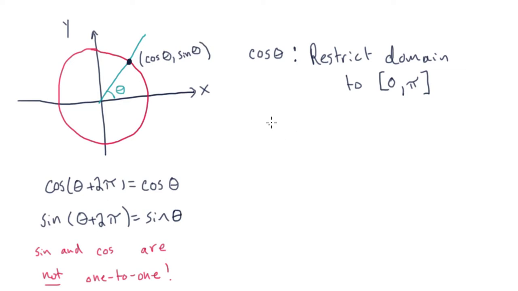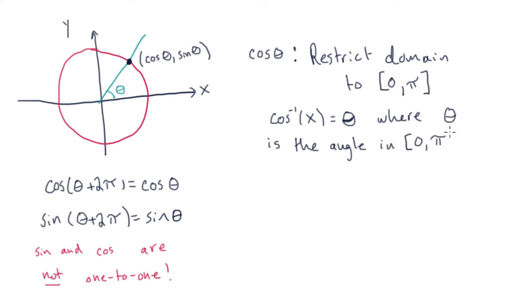So we'll define cosine inverse of x to be theta, where theta is the angle in this interval for which x is cosine theta.